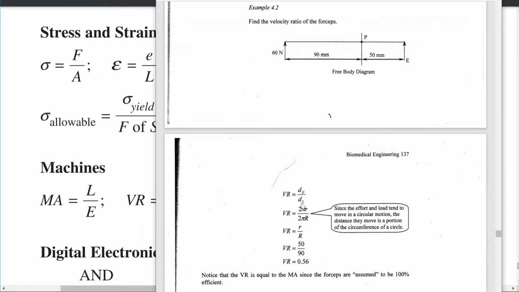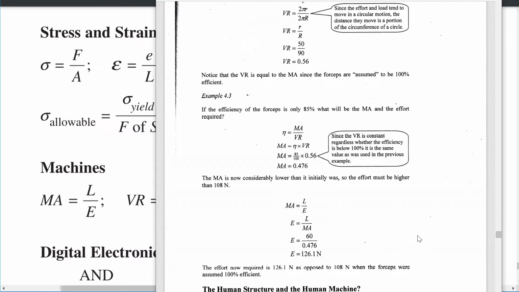But in this case, the 2 pi's cancel out, leaving just the r's. So we really are concerned about it traveling in a circle, and that's important for when we look at more complicated questions. Okay.